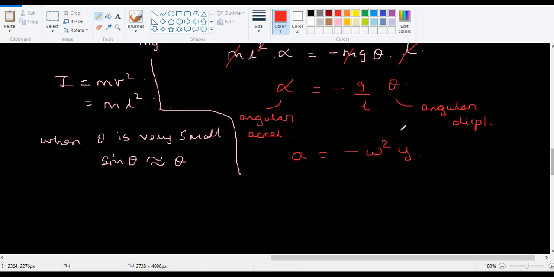So according to this equation, in place of omega squared, I have g by L. So omega is equal to root of g by L.